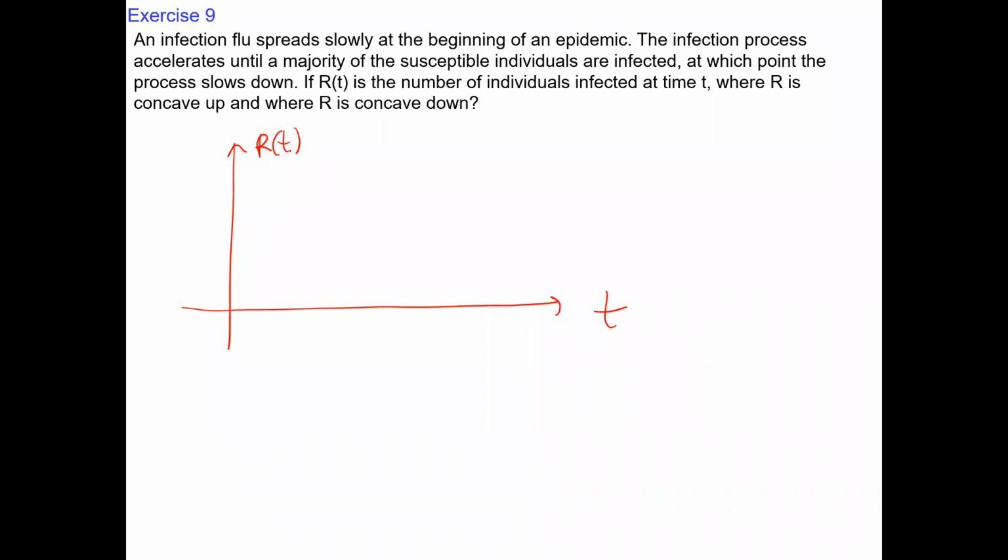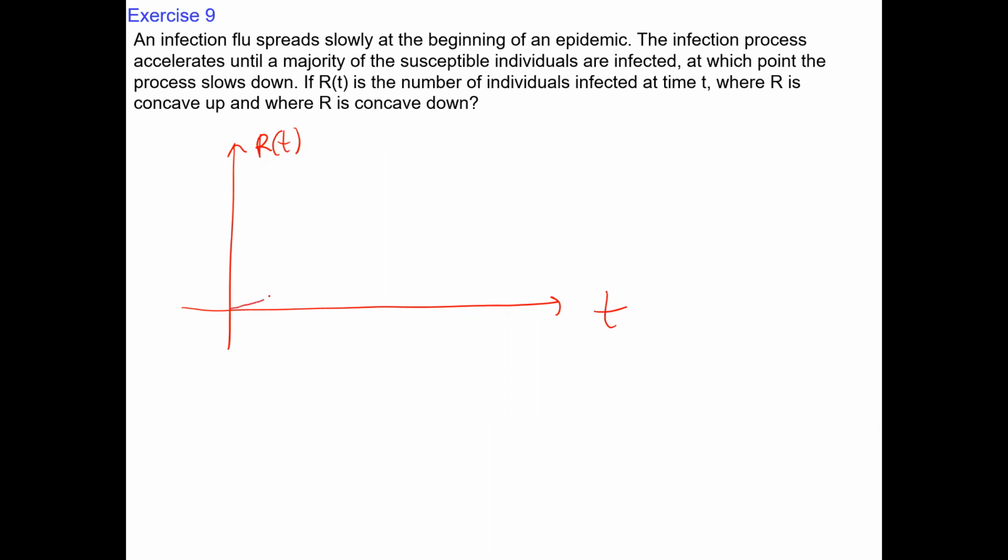At the beginning the infection process accelerates, and it accelerates until the majority of susceptible individuals are infected, at which point the process slows down.